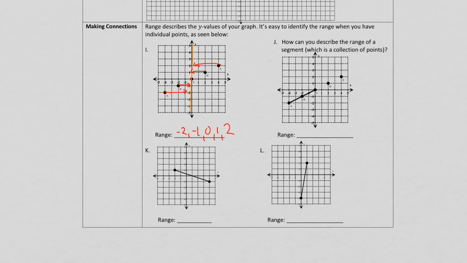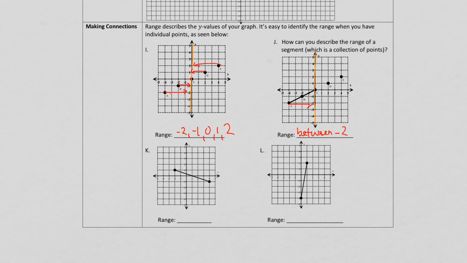Okay, again, if we're looking at a segment, the segment is going to tell you between which points it falls in. On this one, let me highlight my y-axis again. My A is the lowest point of the segment and it hits at -2, so my range is between -2.